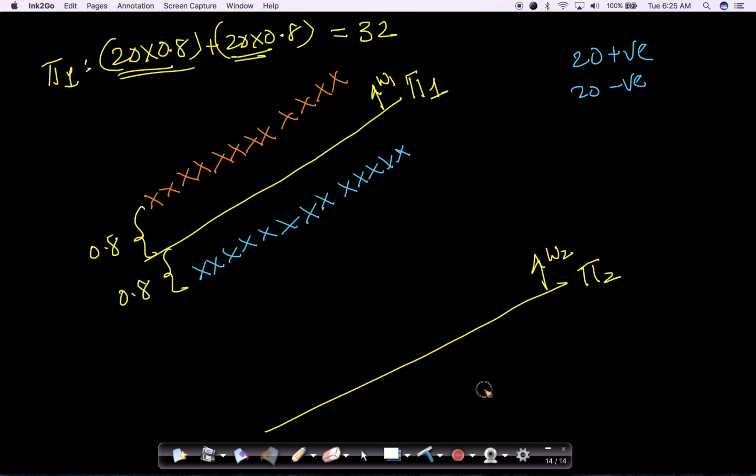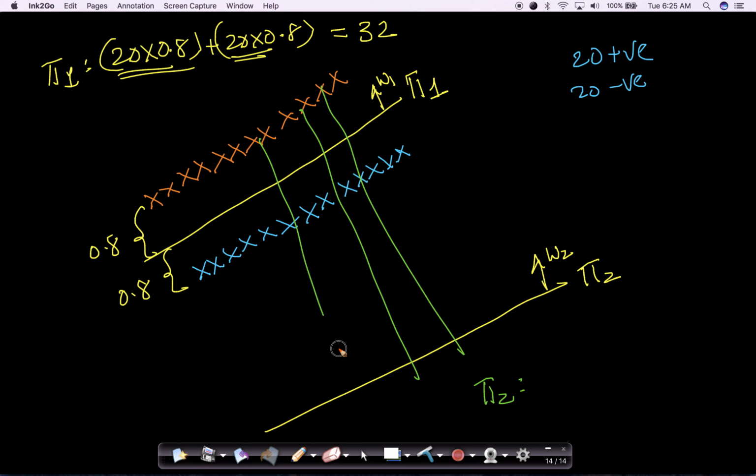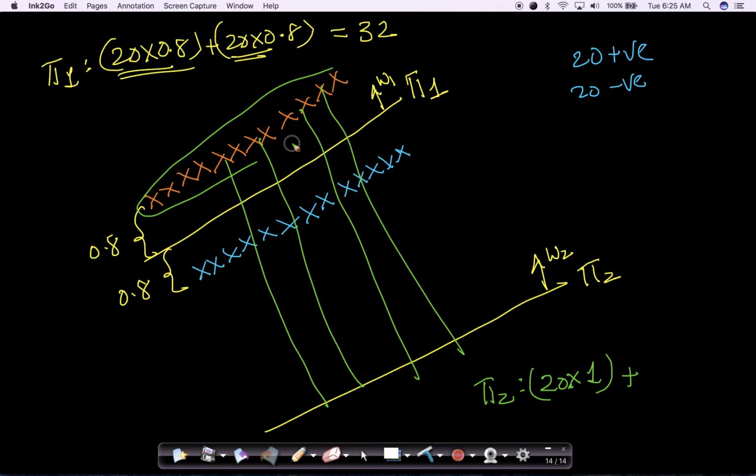Now what happens from the perspective of pi 2? All these distances are large, and sigmoid of a large number is going to be 1. So you'll get 20 into 1, plus all these points. All these points are correctly classified and hence you have a positive value here. All these points on the other hand are misclassified, because these points should be on the other side of the plane.